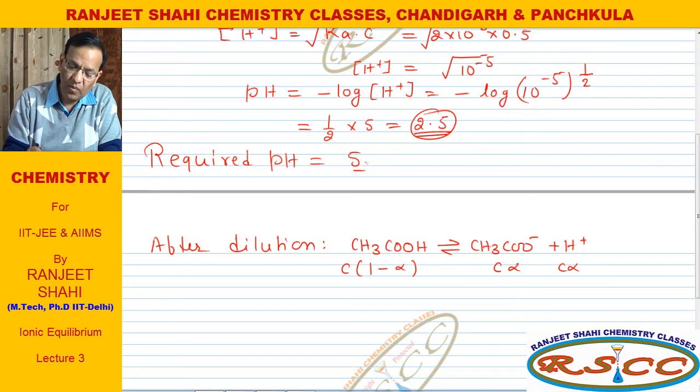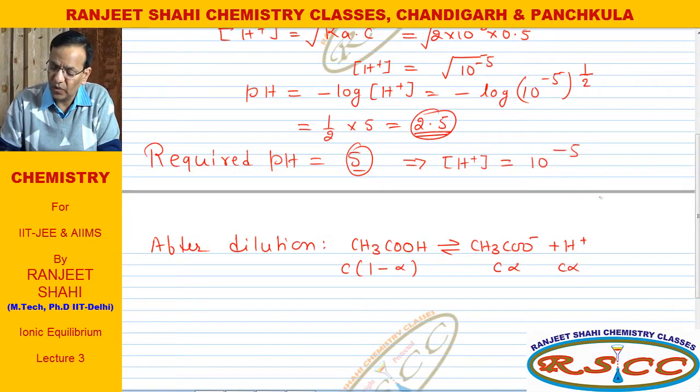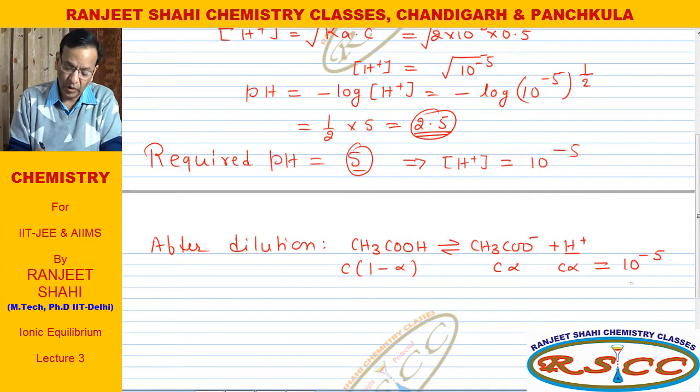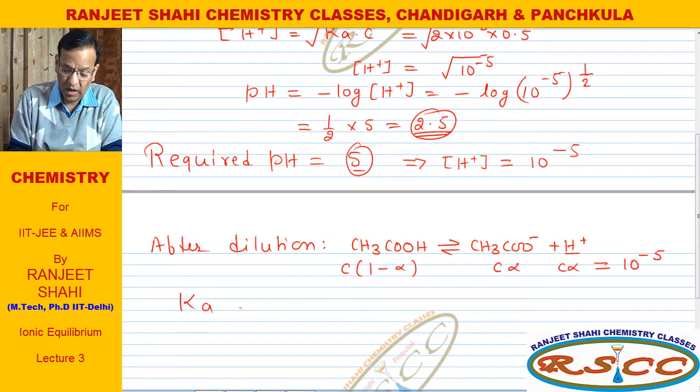The final pH is given. So the final concentration of hydrogen ion in the solution is 10 raised to the power minus 5. So this C alpha, which is the concentration of hydrogen ion in the final solution, is given to us. It is 10 raised to the power minus 5. So now if we write the equation of Ka, it will be C alpha into C alpha divided by C into 1 minus alpha.